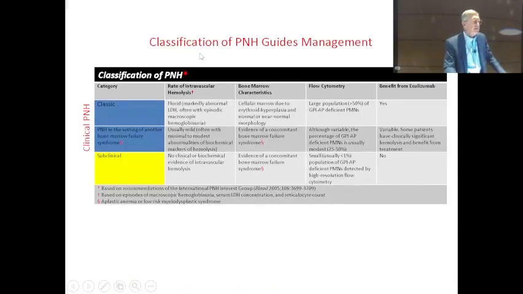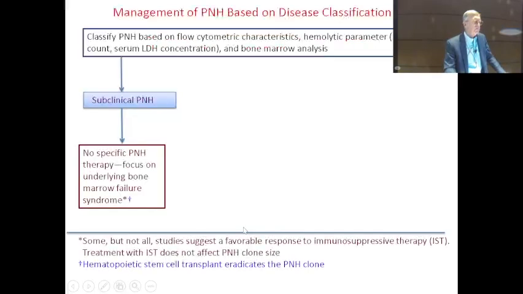So once we classify these based on that earlier classification that I showed you, we can use this information to develop a treatment plan. And so with subclinical PNH, again, there's no need for any anti-complement therapy. Here the focus is on the underlying bone marrow failure syndrome.